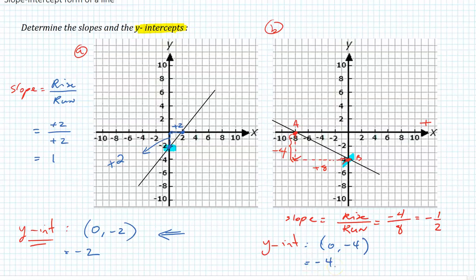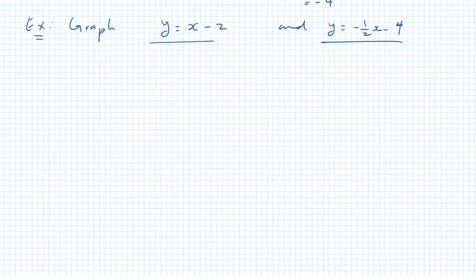But the ordered pair is very important to get used to. All right. So I now want you to go ahead and graph these two linear relations, okay? Pause the video. You can use a table of values if you wish, and then come right back.